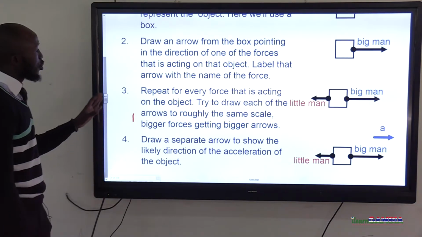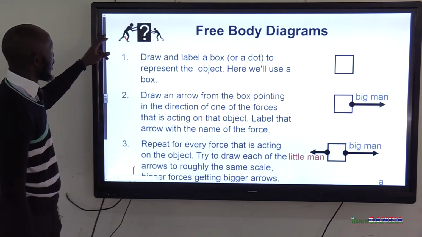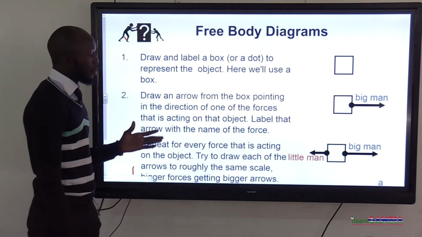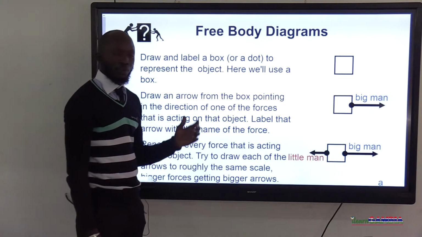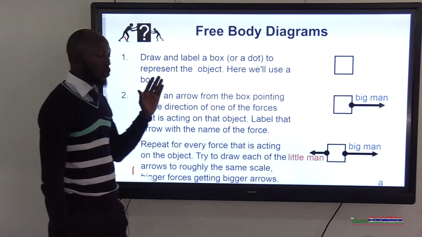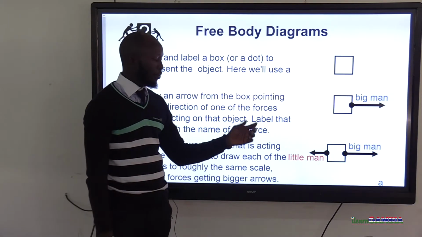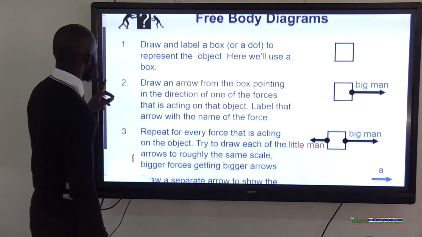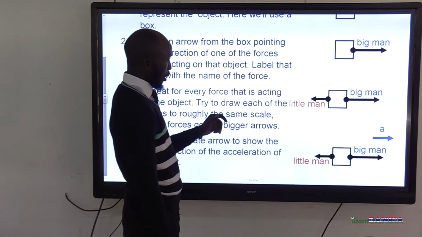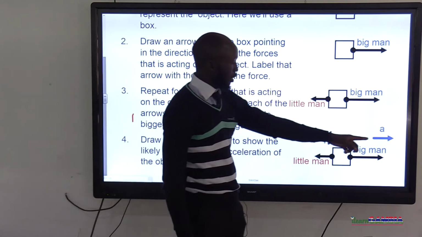So the effect of these two forces, obviously, you realize that there is going to be a net force, and that is what is going to create what is called an acceleration. And the acceleration that is going to be created in this system is going to go towards the smaller guy, the little guy. Therefore, you need to create another arrow for acceleration that will point in the direction of the small guy, that is here.